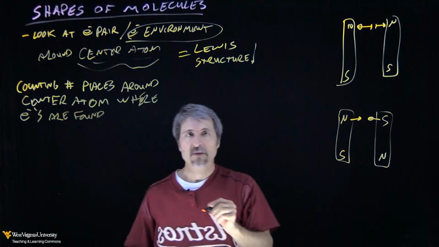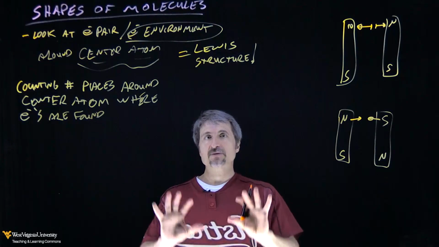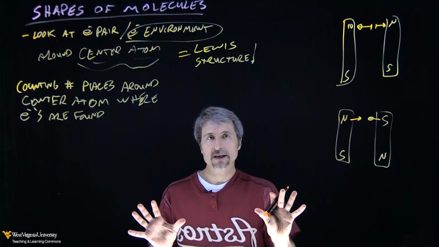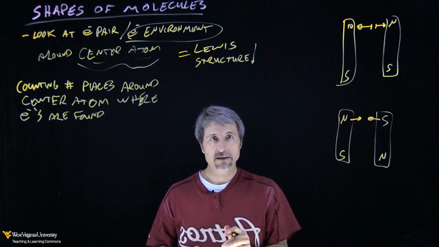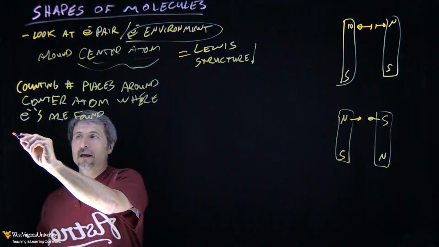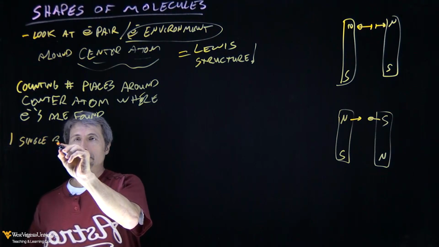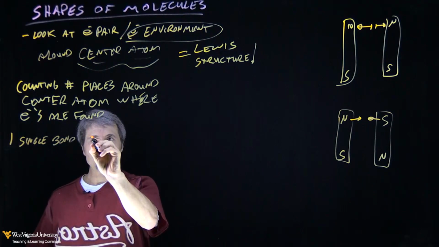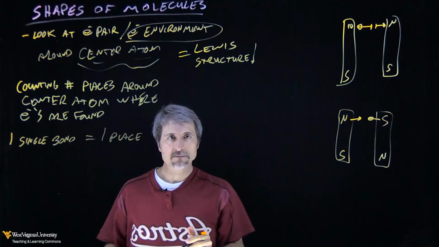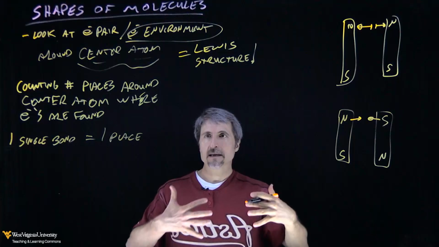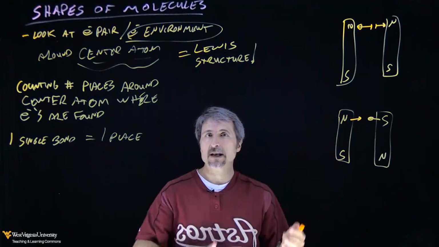Regions of electron density, electron clouds, electron moieties. I'm just saying places where there's electrons, okay? Because one single bond is equal to one place. Is that fair? If we looked at an atom and we saw one single bond, that's one place where electrons are found.